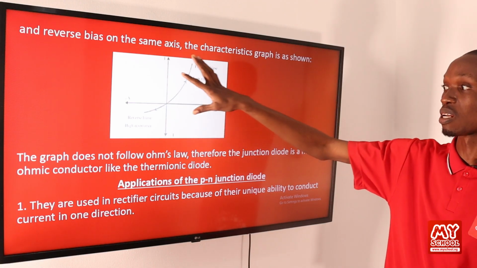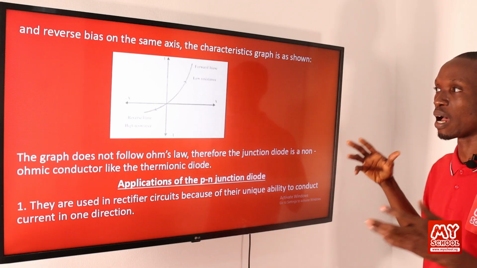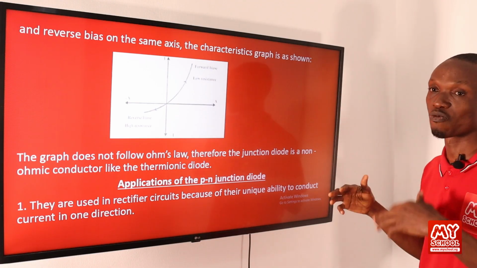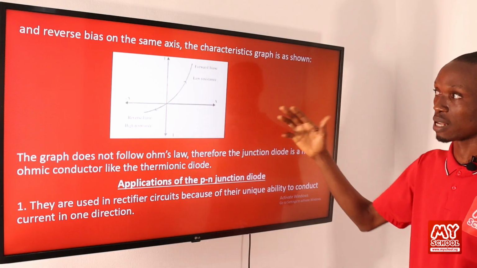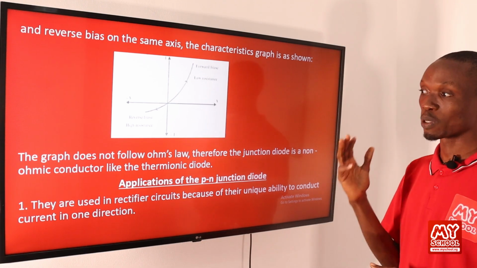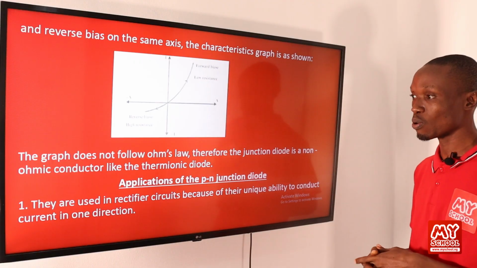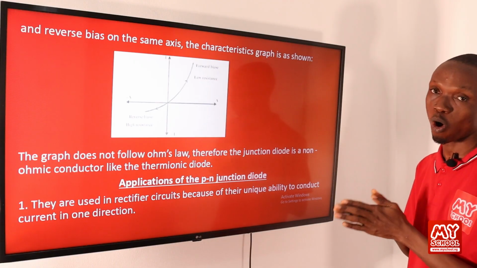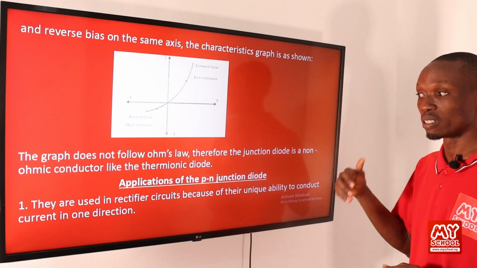This is the graph you obtain. The graph obtained does not follow Ohm's law. Therefore, the junction diode is an example of a non-ohmic conductor like the thermionic diode.